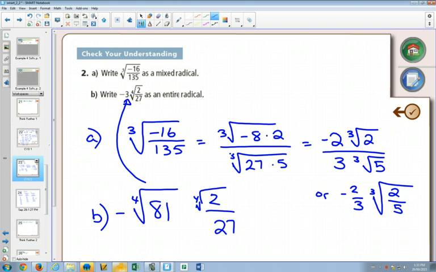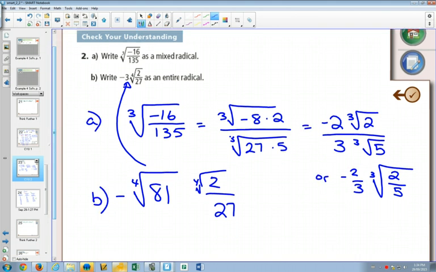In fact, you can't take any even root of a negative number. Because what a 4th root is looking for is what number times by itself 4 times makes 81, and that would be 3, which is why we could change 3 to the 4th root of 81.